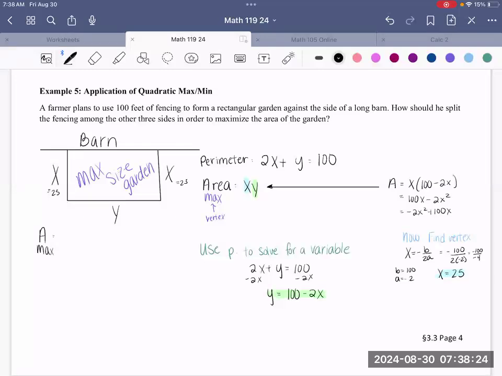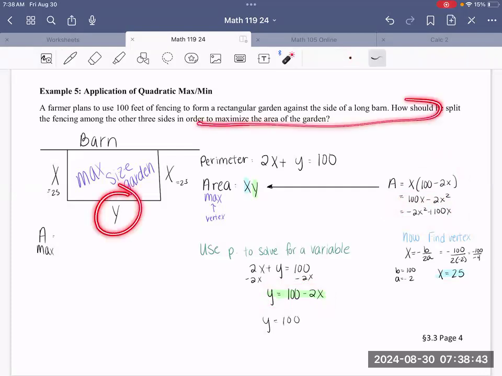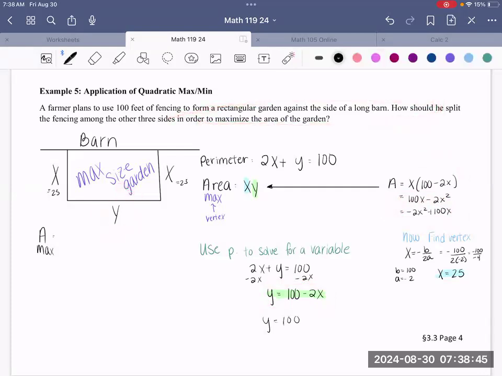we now need to figure out your y value. We can do that in one of two ways. We can plug it back into here, or if you would prefer, plug just your x in here. Let's say you wanted to find your y. Actually, I misspoke. You do have to find your y, because it does ask for the side of y.